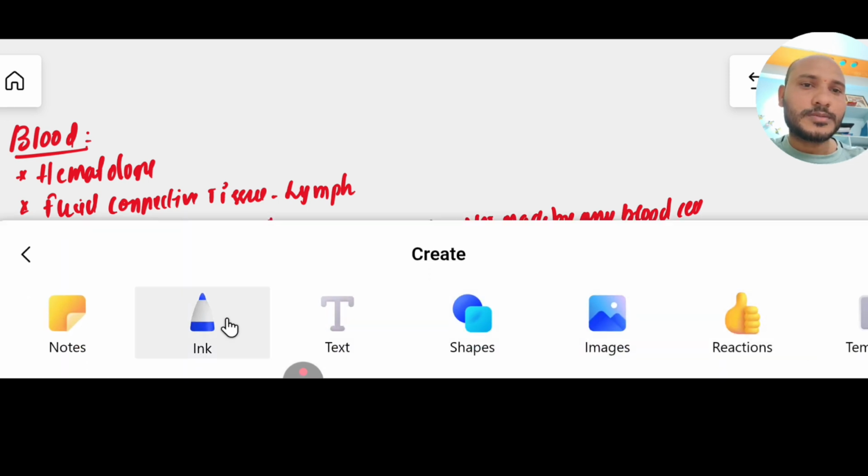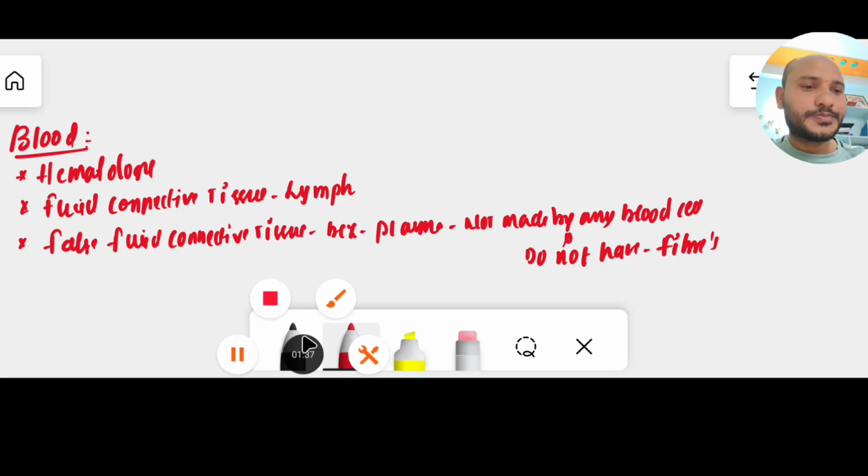To become a connective tissue, the following components must be present.